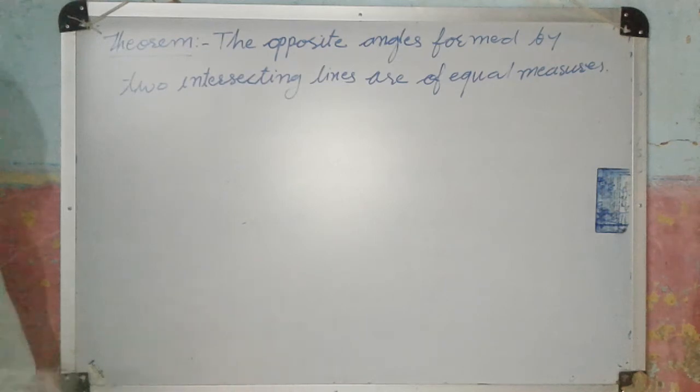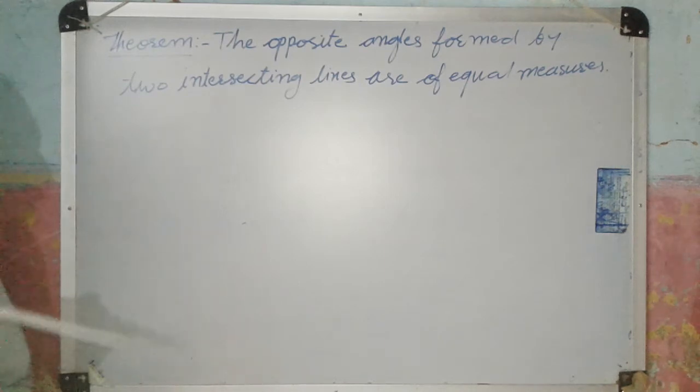And the last is the proof, that means the logical steps to prove the theorem. In some theorems or proofs, construction is required, so there we have to do construction. But in this theorem, construction is not required.